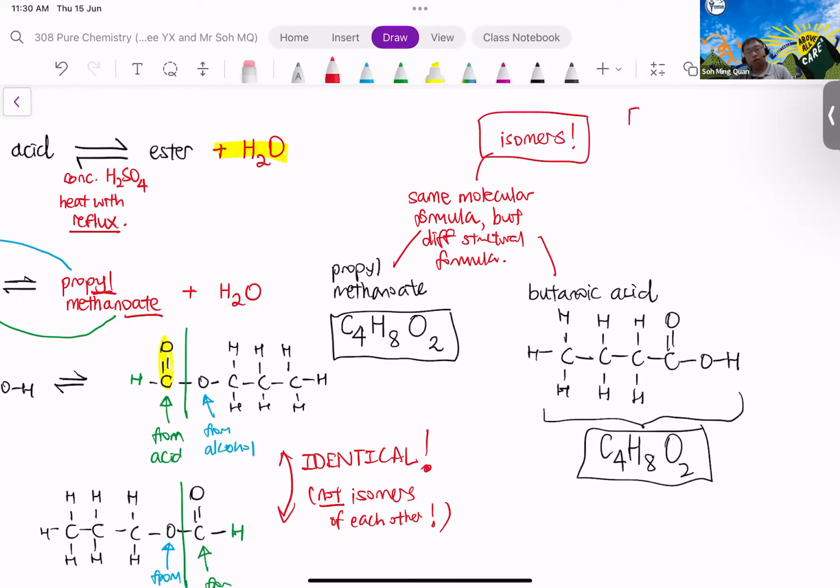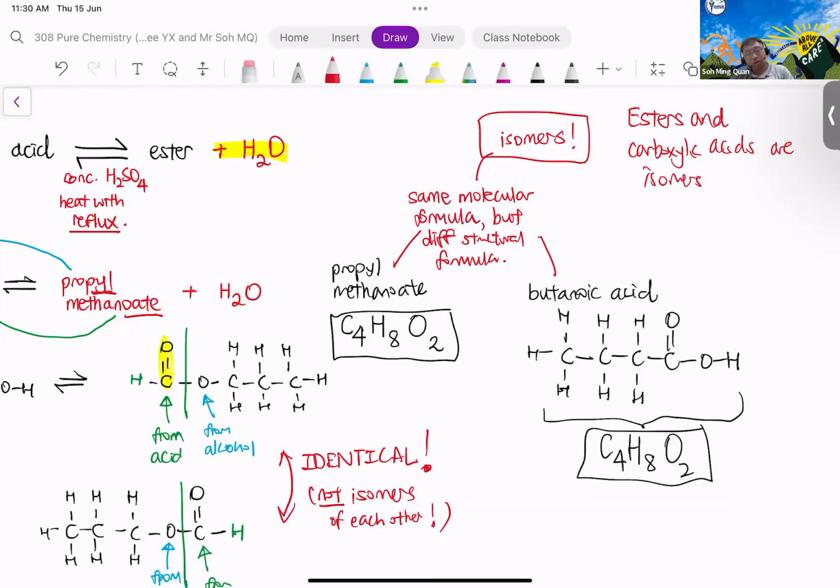In short, we can conclude that esters and carboxylic acids can be isomers of each other. Propyl methanoate has 3 carbons plus 1 carbon, so 4 carbons. So propyl methanoate is an isomer of butanoic acid because they both have 4 carbon atoms in total.